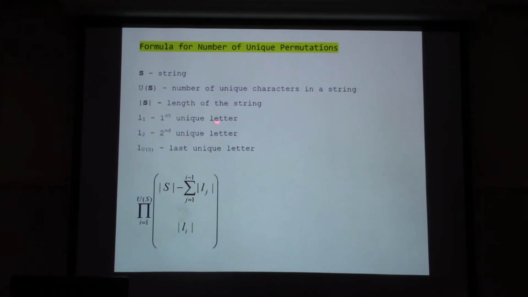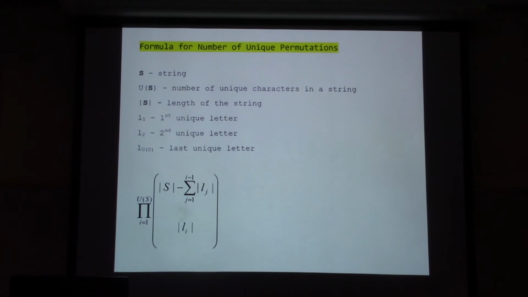L1 is the first unique letter, L2 is the second unique letter, and L of US is the last unique letter. We assume that there may be many repetitive letters, and US is the number of unique characters in a string.